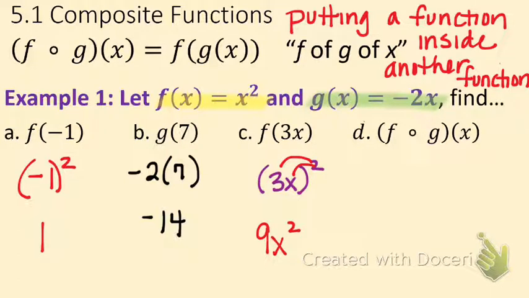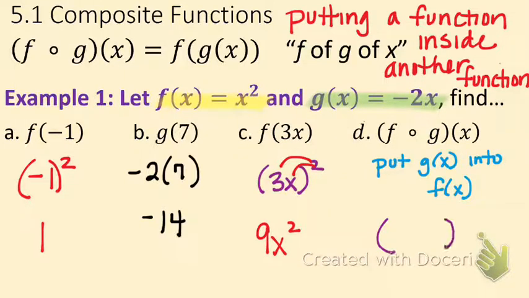All right. So what this means, when you see this symbol, this means put g of x into f of x. So this is my f of x function, which says take something and square it. The something that I'm going to square is g of x.